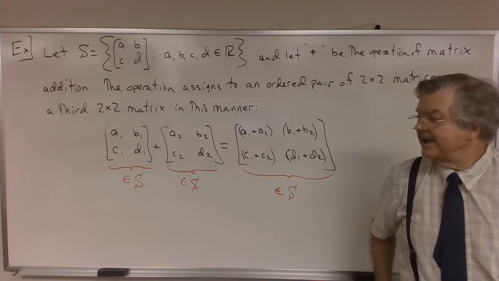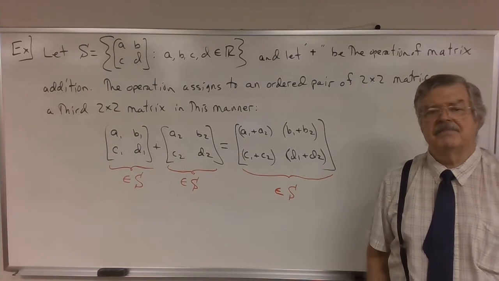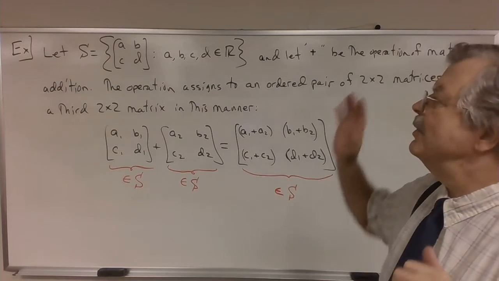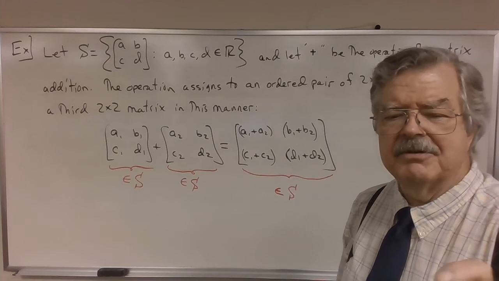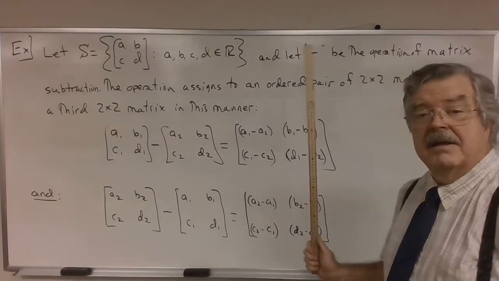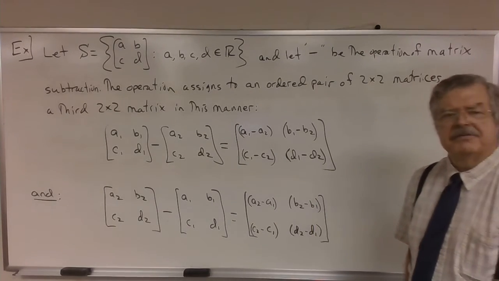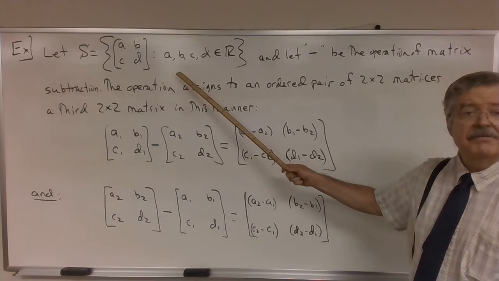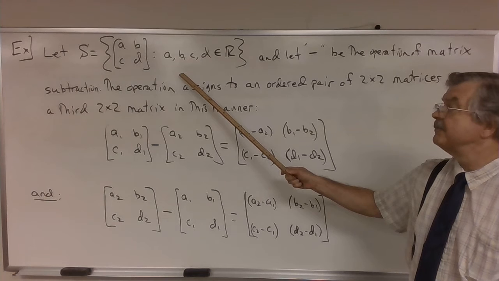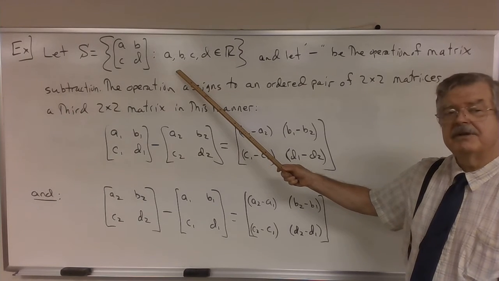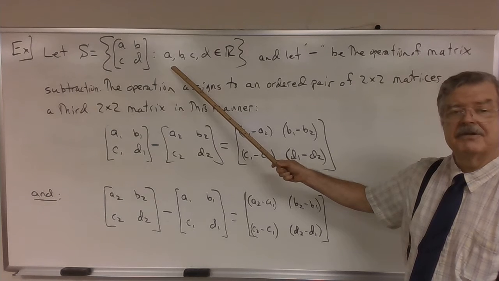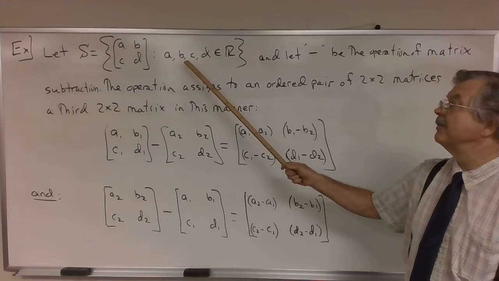And just for the sake of illustration, let's alter this example just a little bit. We'll look at a closely related pair of examples now. We still have the same set S, the set of 2 by 2 matrices where the entries of the matrix are real numbers.